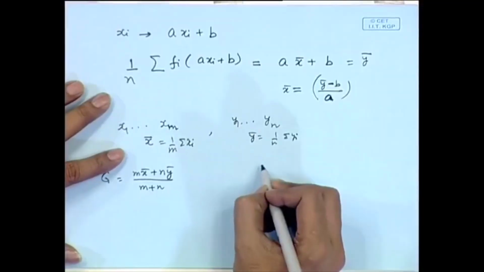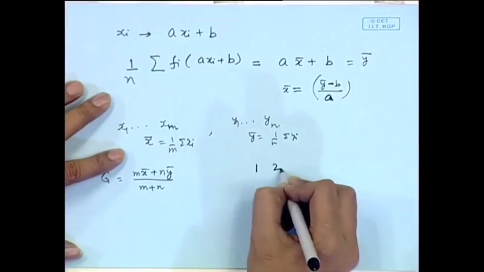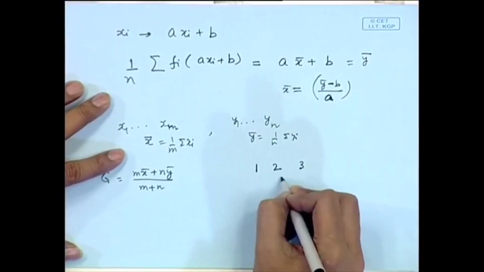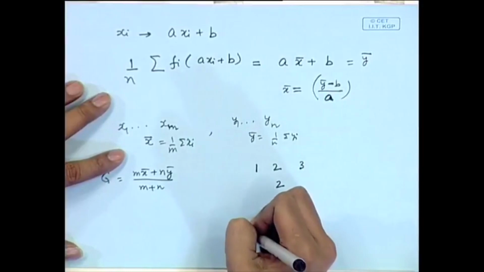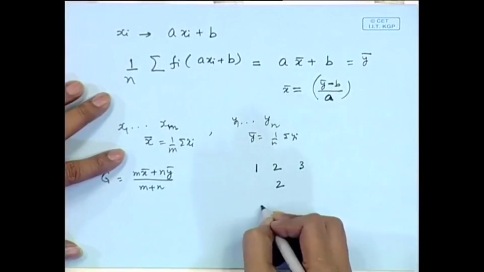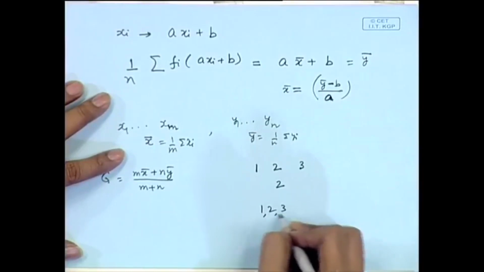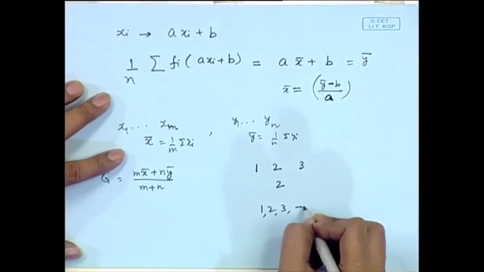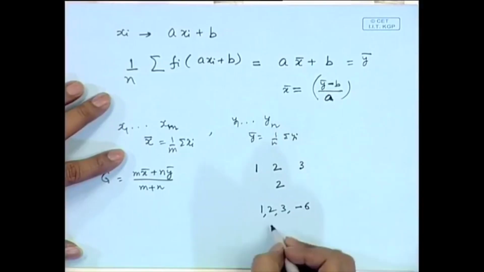However, it has one drawback. Suppose I consider three numbers 1, 2 and 3. What is the arithmetic mean? 1 plus 2 plus 3 is 6, 6 divided by 3 is 2. However, if I have 1, 2, 3 and another number, say, minus 6, what will happen?